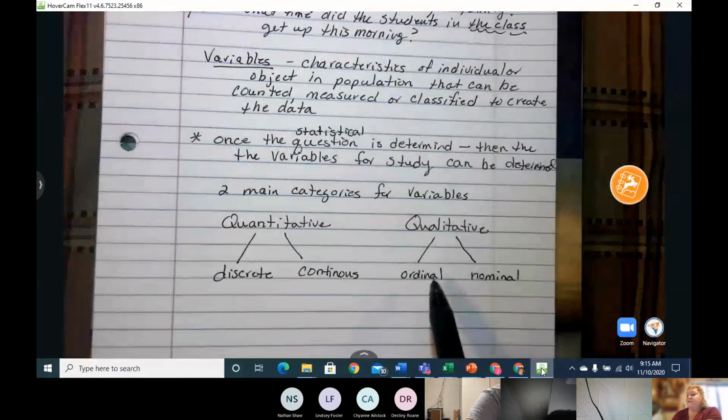So what's the difference? What's the difference between being quantitative and being qualitative?